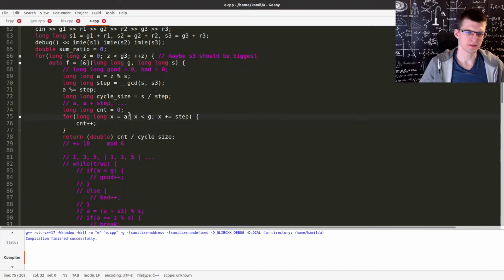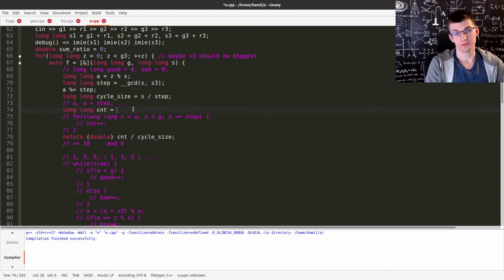And now, yeah, this is some kind of formula. Count is, I had this similar formula before. G minus x divided by step. Let's think. If G is a plus 1, then it should be 1 for the first time.